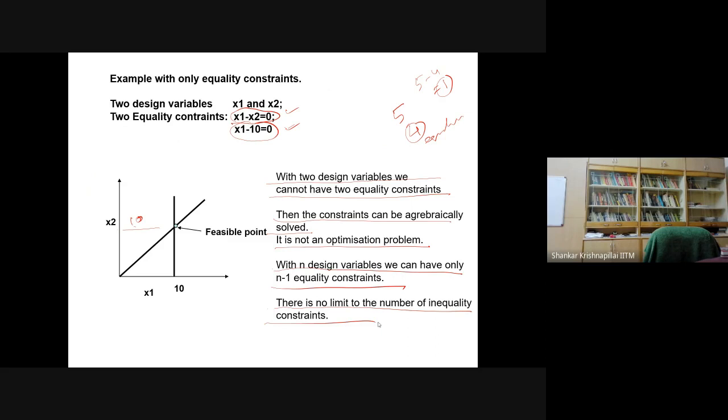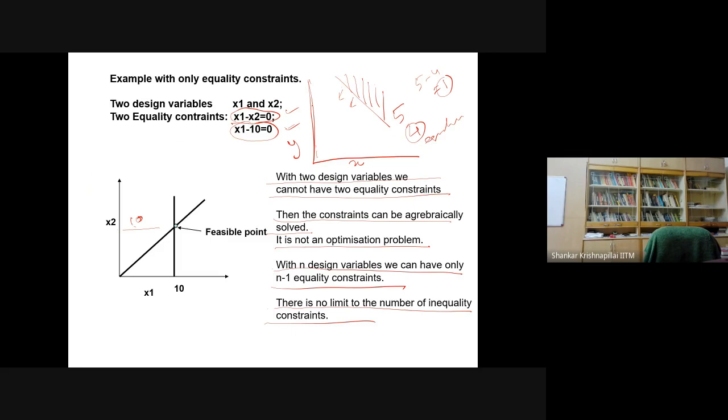You can have an infinite number of inequality constraints, and each inequality constraint will reduce the feasible region. Suppose this is the XY plane. This is one inequality constraint, and this side is allowed.